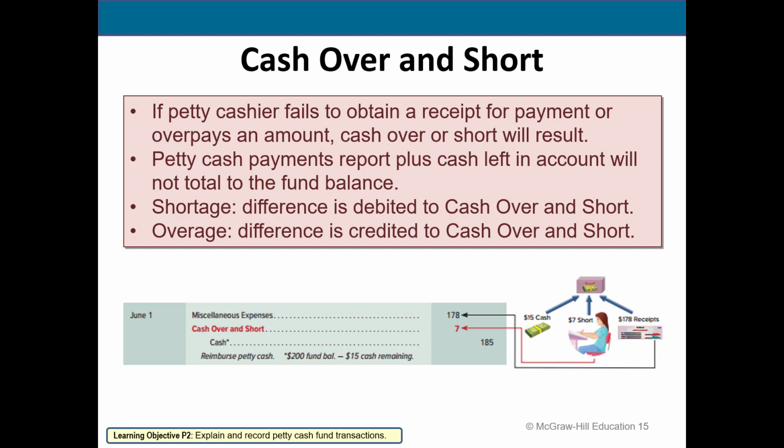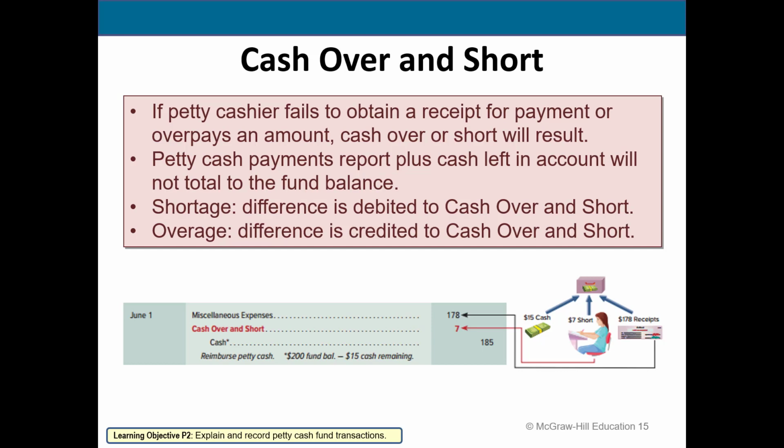Now we may have to use that cash over and short account in the petty cash fund if maybe someone forgot to put a receipt in or they paid out too much. So you still have to reconcile the receipts with the amount of cash you have left.